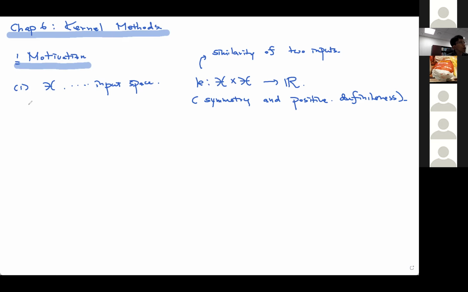Now, why are kernels important in machine learning? There are multiple reasons, but I want to mention 2. The first reason is that many machine learning algorithms can be extended or modified to work with kernels.